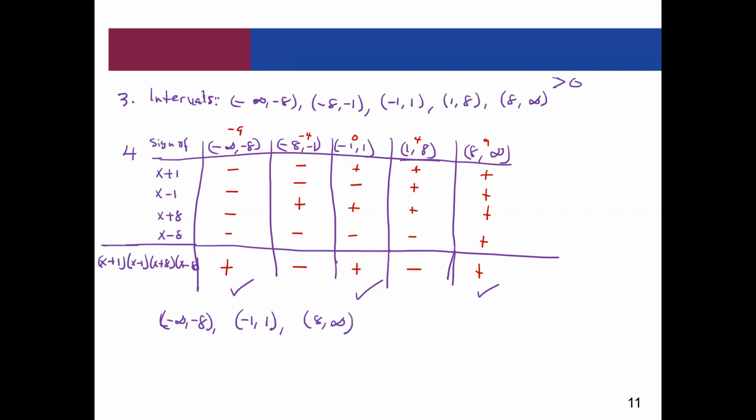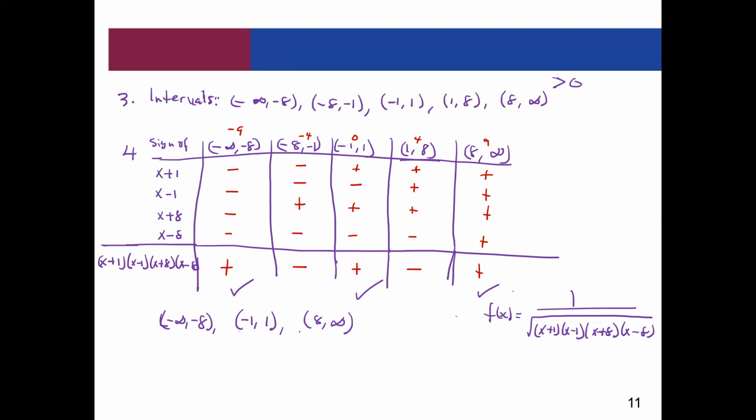If you go back to our original question, remember f of x was 1 over the product of all the factors: x plus 1, x minus 1, x plus 8, x minus 8.